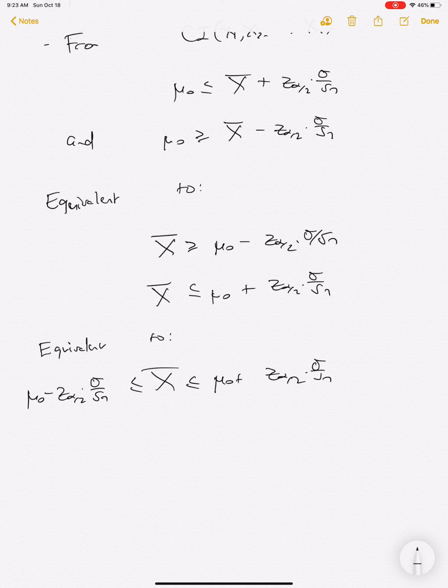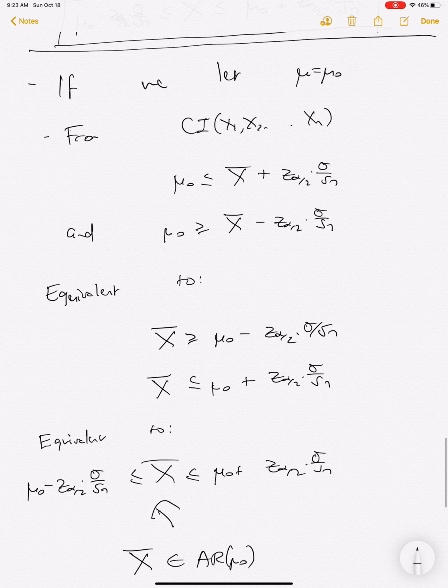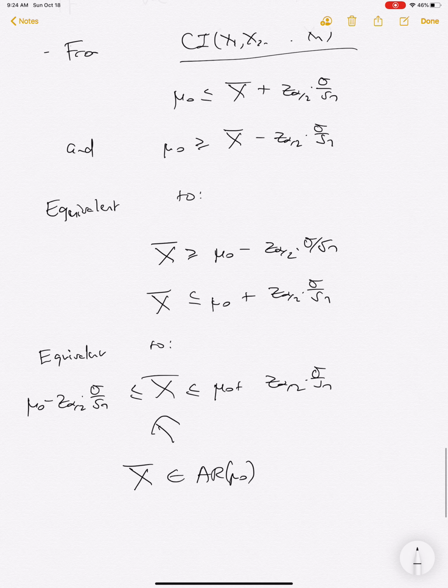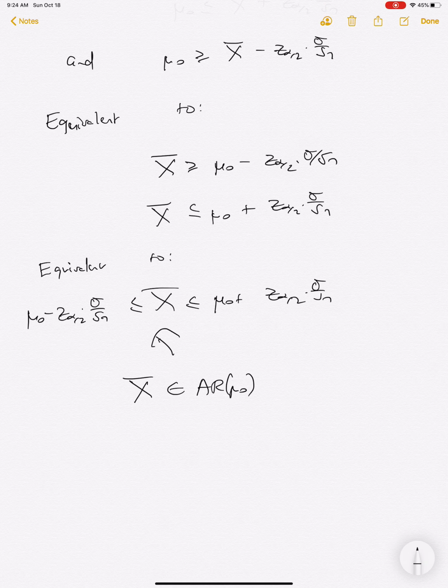Okay, and so note that this is the same statement as x bar is in AR of mu0. So note that we've started with the confidence interval, right? And I've just broken that up into two parts to make this a little bit clearer. And then, doing some rearrangement, we got exactly to the acceptance region.